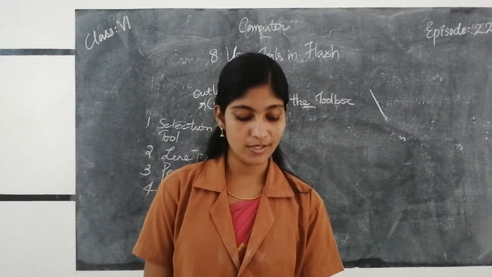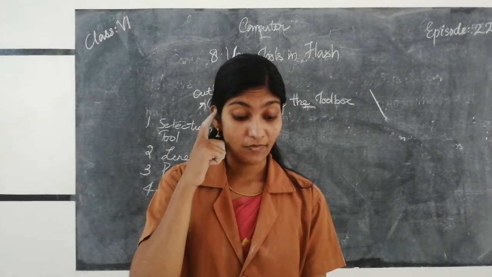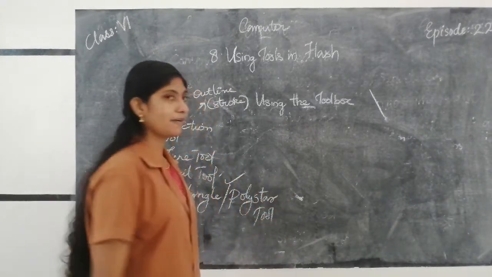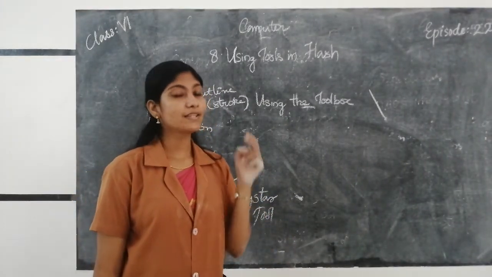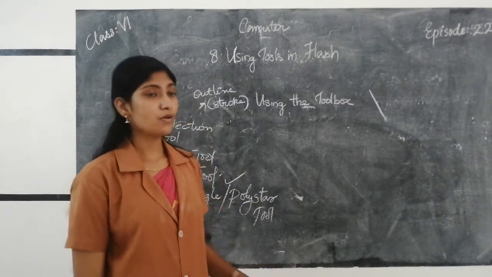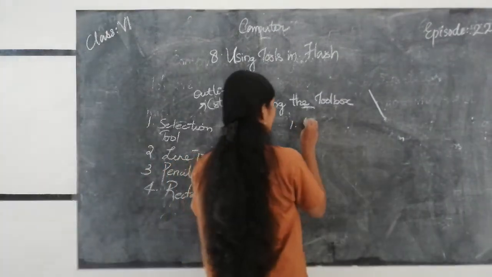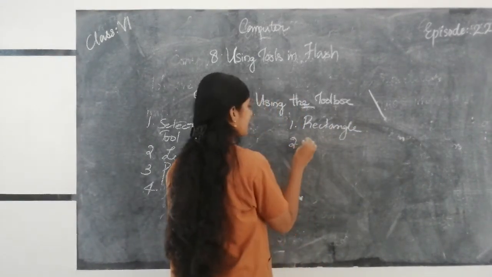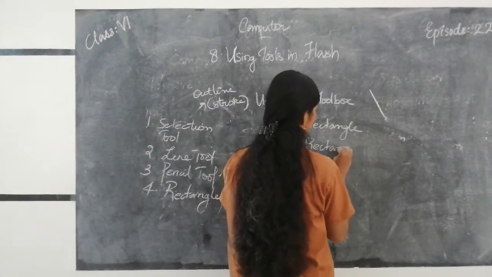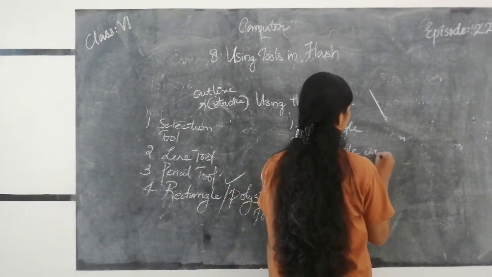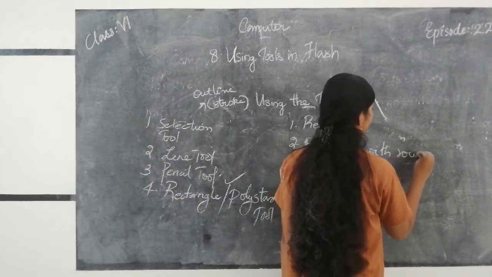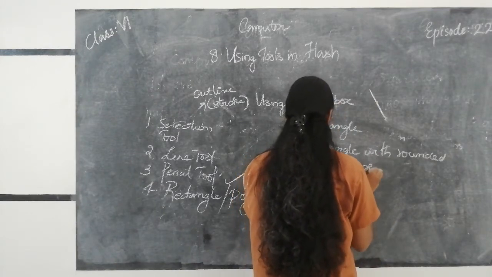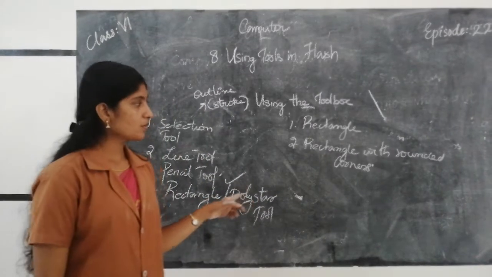Using the rectangle tool we can draw a rectangle with rounded corners, or a simple rectangle without rounded corners. So, two types of shapes: rectangle, and the second one is rectangle with rounded corners.